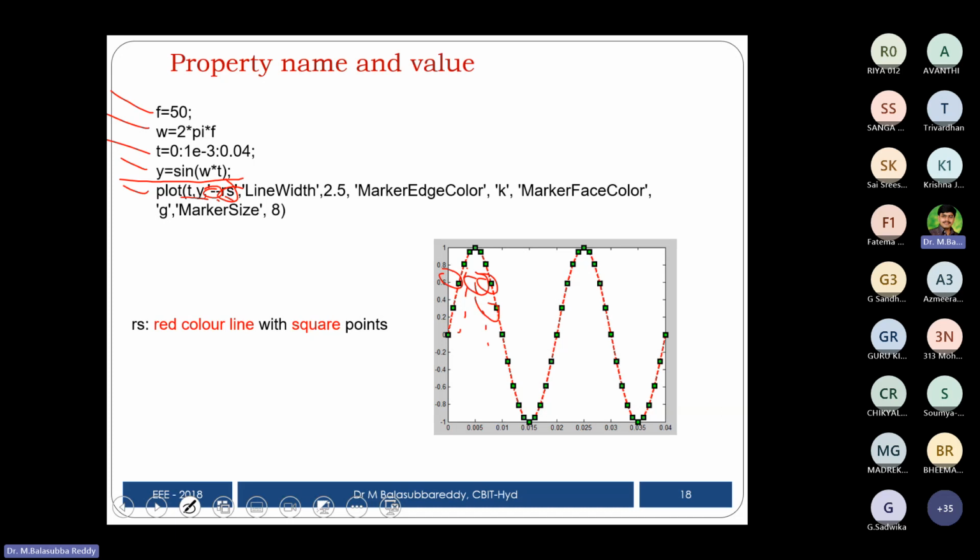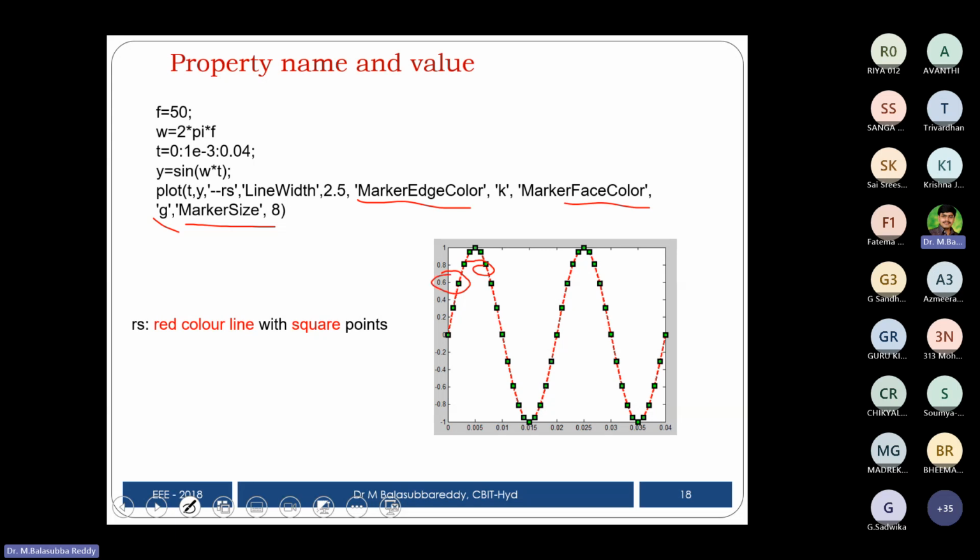But after that, we can notice one more thing. In a square, there is a face color as well as an edge color. You can see the marker edge color is k, the face color is g, and the marker size is 8. Now in the square, the base color is green, meaning inside you are filling it with green, and the outer border you can clearly observe.